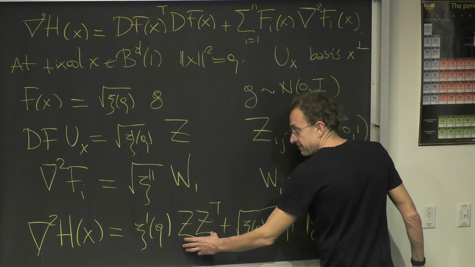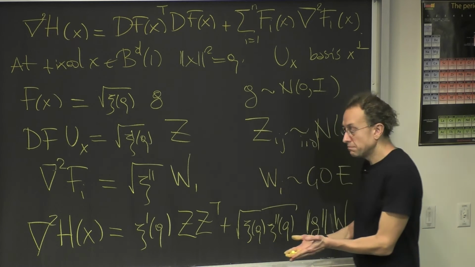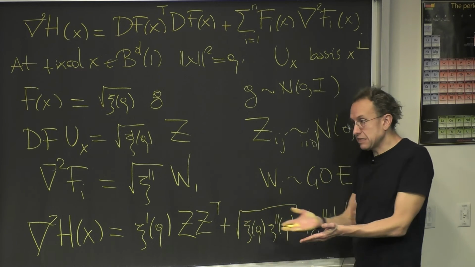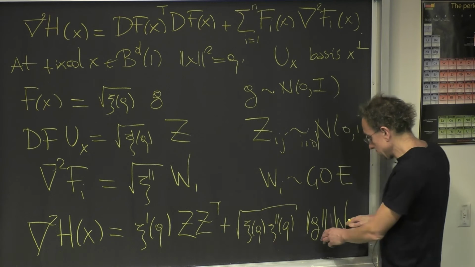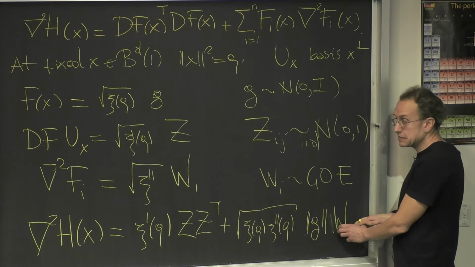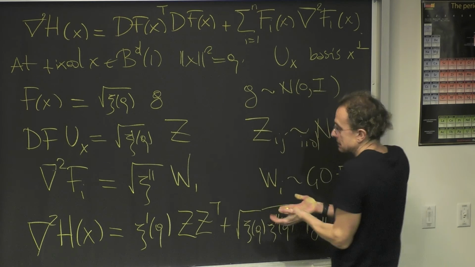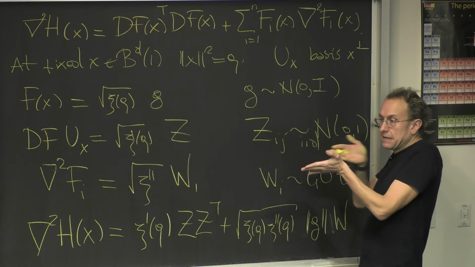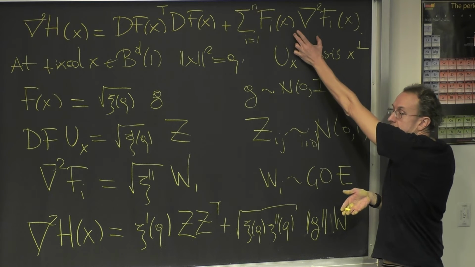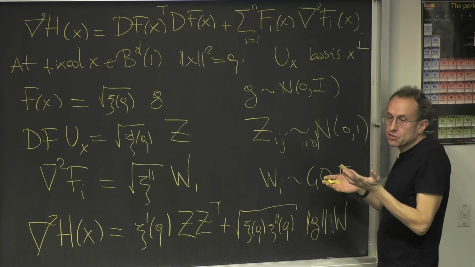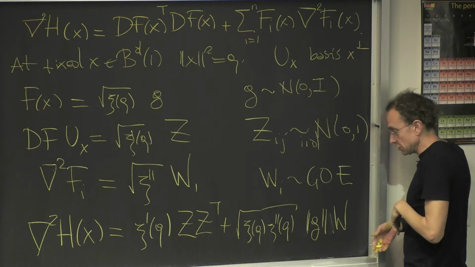So the Hessian has a very nice form: a part that is positive definite, that is a Wishart matrix. This part of the Hessian is positive definite, but since we are over-parametrized, there are lots of flat directions. And then there is a part that is not positive definite, that has some negative directions because it's a GOE.